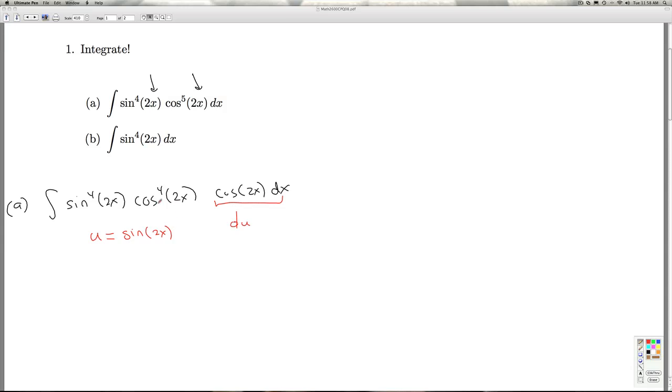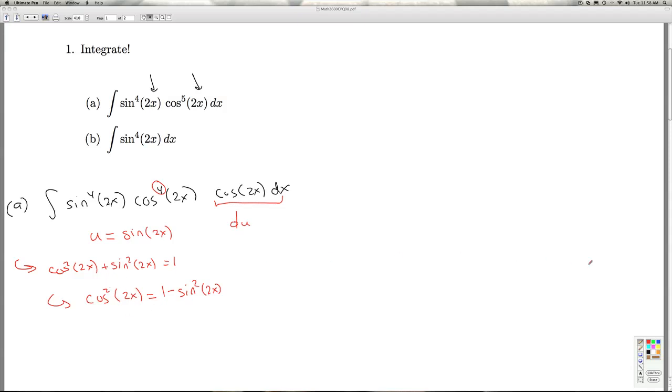Is that possible? Well, what's left over out here that isn't in terms of sine is an even power of cosine. I know from the Pythagorean identity that cosine squared of 2x plus sine squared of 2x is always equal to 1, which means I can convert cosine squared 2x into terms of sine squared 2x.